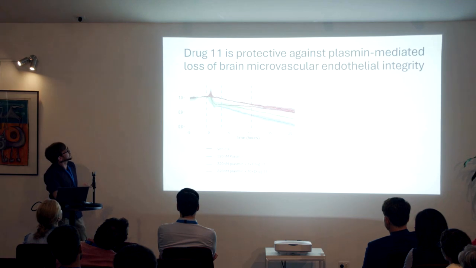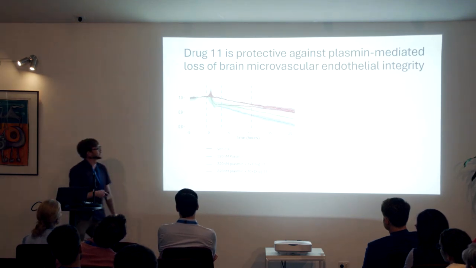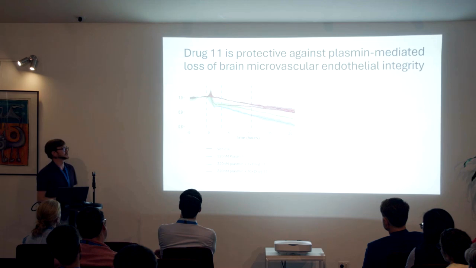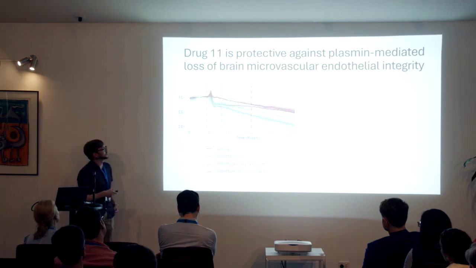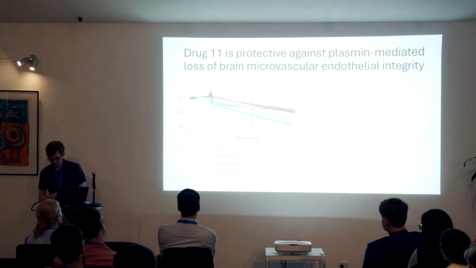Interestingly, this drug has very little effect in the early period where tPA is effective. However, if we drag that out to 10 hours, when we're well past those deadlines where tPA will be contraindicated, at the lower concentration, we're seeing protection. At the higher concentration, we're almost running exactly on top.